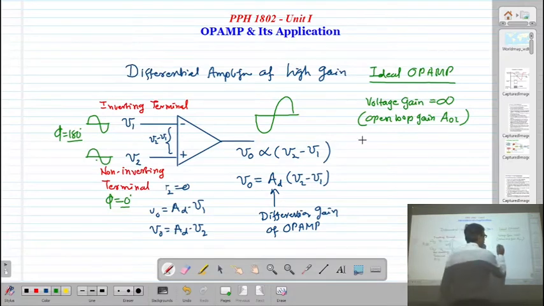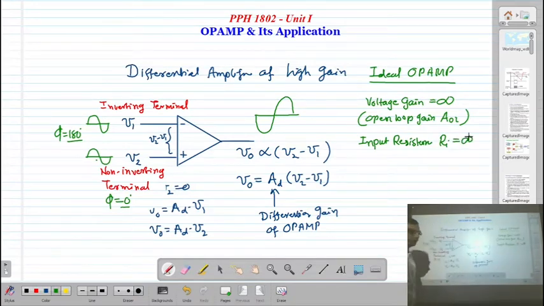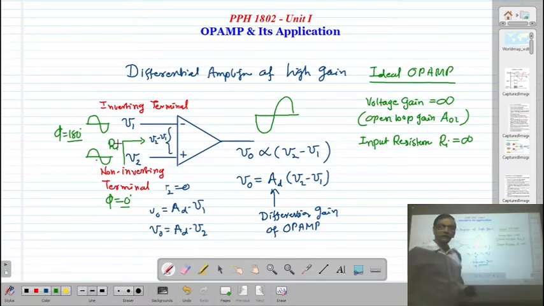Then another parameter is the input resistance, Ri. And we know that for any amplifier, it should be infinite. What is Ri? Ri means the resistance between these two terminals, the inverting and non-inverting terminal.